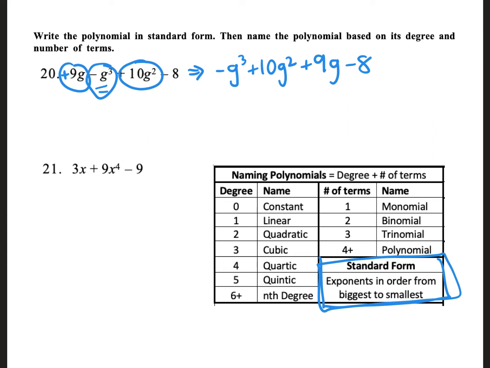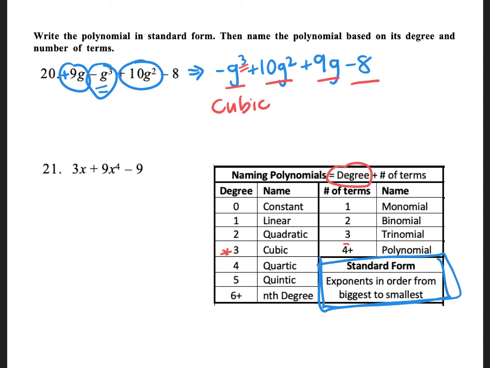The next thing you have to do is name it. So the first name that comes first is your degree. And remember, that's your biggest exponent. So I notice here my biggest exponent is 3, which means that it is going to be cubic. So this is a cubic. And then we need to name it by the number of terms. So this has 1, 2, 3, 4 parts.